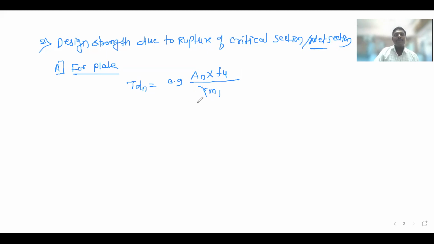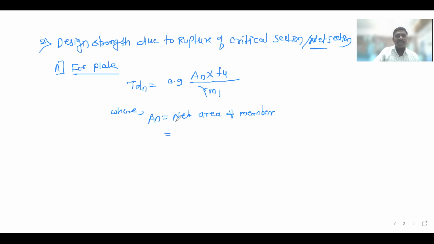And A_n is the net area of the section or member. Net area of the member.